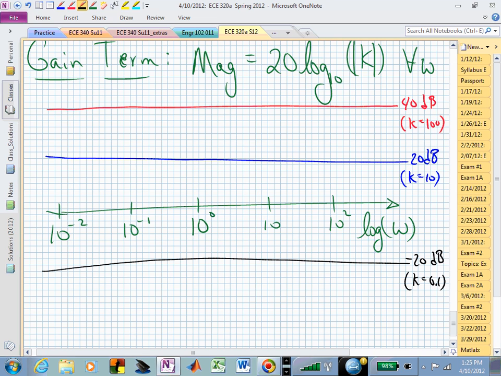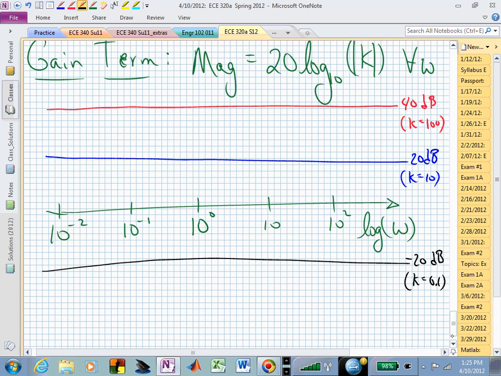If we had a gain k of 0.01, we would have a minus 40 dB line. And that's flat for all frequencies. That's all you have to do to sketch a gain, is locate what it is in terms of dB and draw it on your plot as a flat line. And that's the gain's contribution for all frequencies.